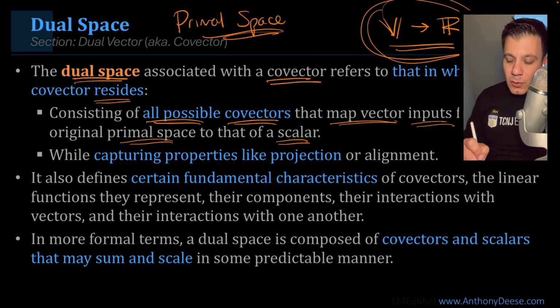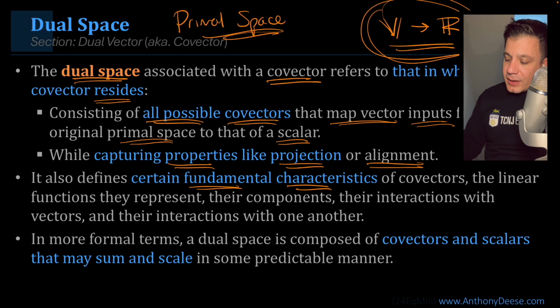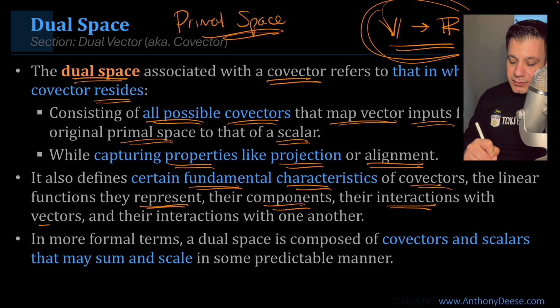And it should do so while capturing properties like projection or alignment. It also defines certain fundamental characteristics of covectors: the linear functions they represent, their components, their interactions with vectors, and their interactions with one another.